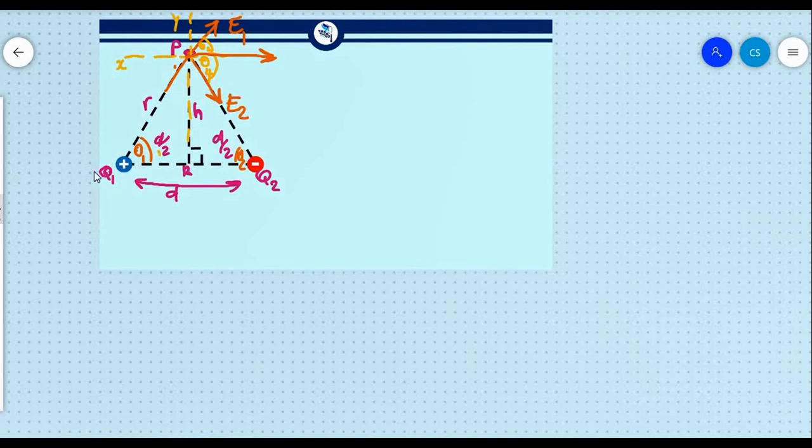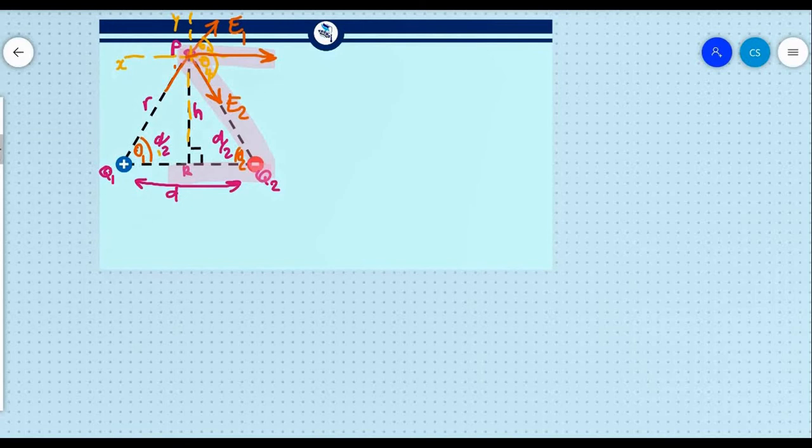Alright, so off the bat, I guess we can say that theta 1 is equal to theta 2. But if you look closely, you'll realize that, say, this is a z angle. So theta 2 is also equal to theta 4. These are alternate angles, so theta 3 is equal to theta 1.